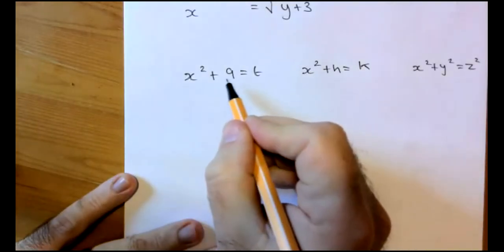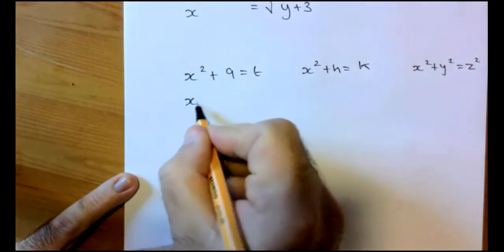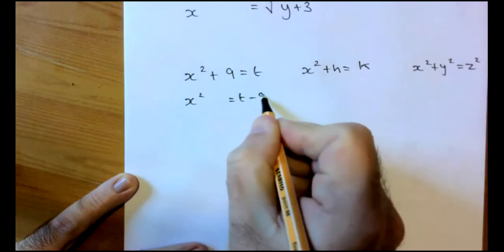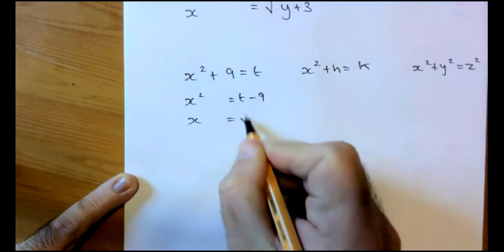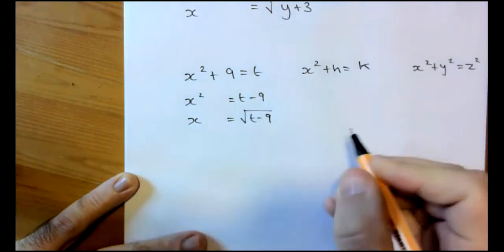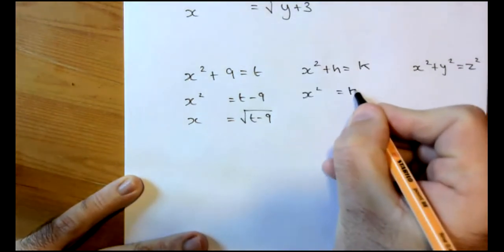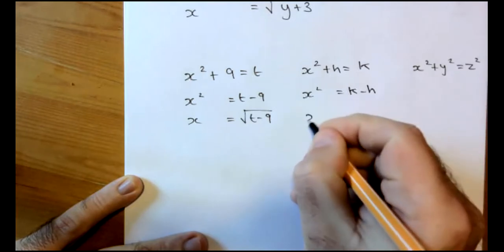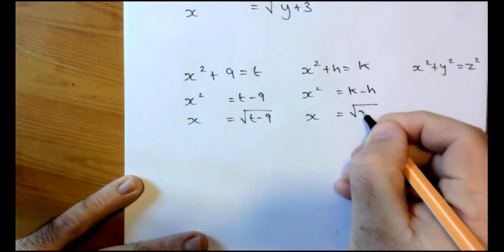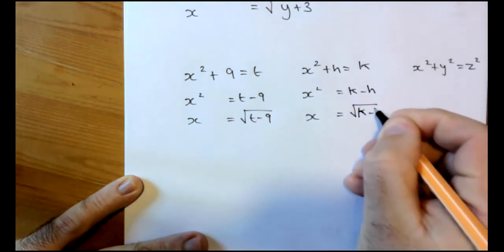So let's subtract the 9 from both sides. X squared equals t minus 9. So x equals the square root of t minus 9. Subtract the h from both sides. X squared equals k minus h. X equals the square root of k minus h.